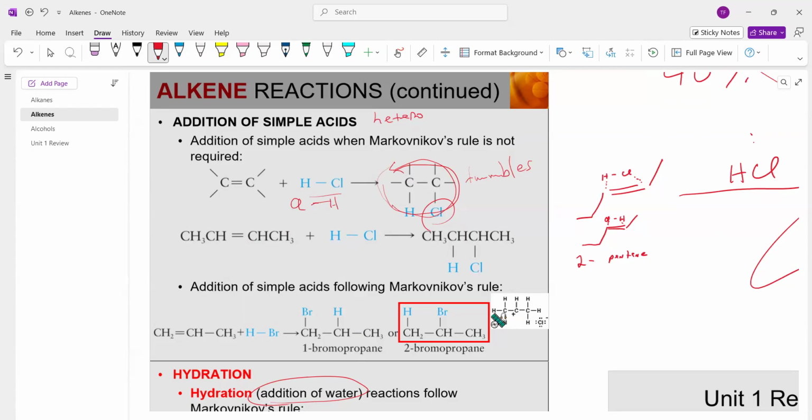Pure statistics, 50-50. Okay, so that makes sense. It's important to understand this concept. Because the molecules are in motion, the odds of hitting it a particular way are 50-50. Hence, you're going to get some products with the H on the left, sometimes the H on the right, sometimes the Cl on the left, sometimes the Cl on the right. Okay, unless this is an exception.